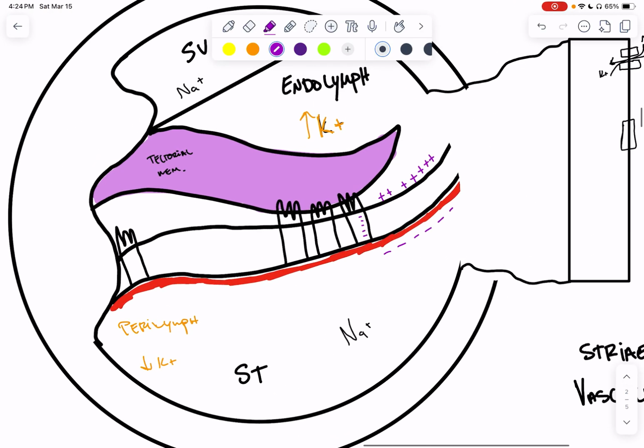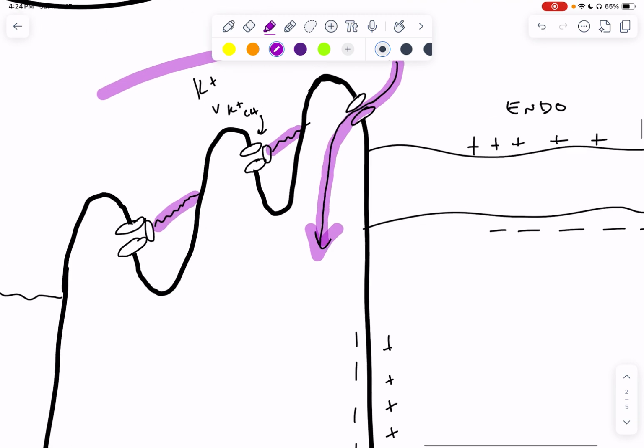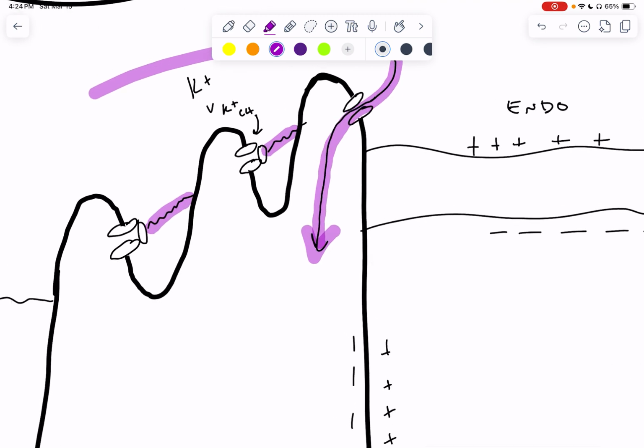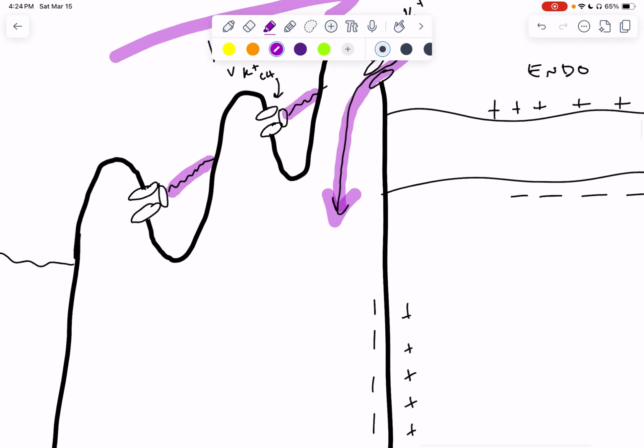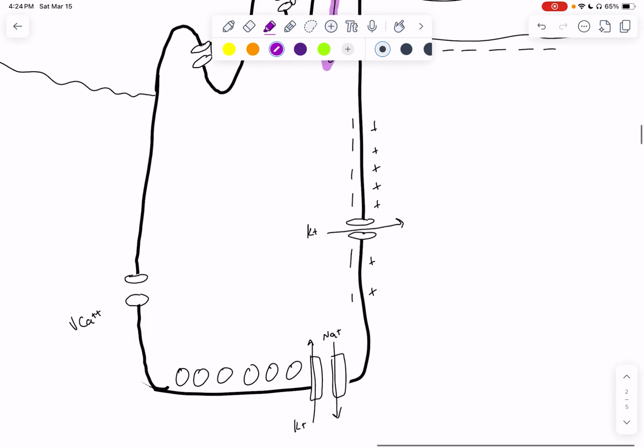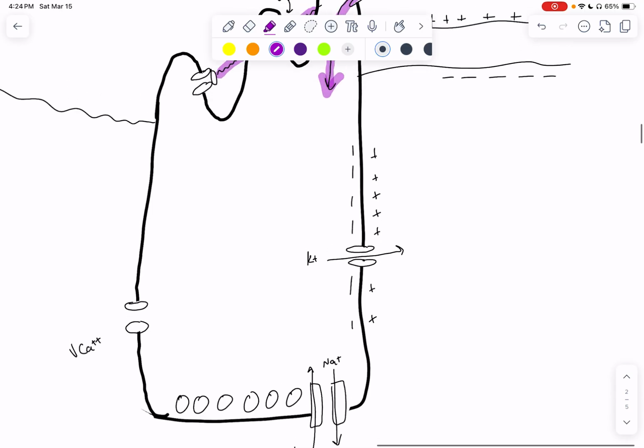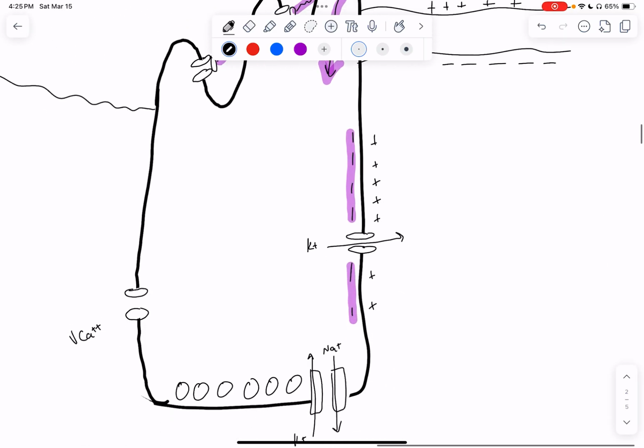As you can see here, the endolymph is very high in potassium. It is going to cause these channels to be opened, and the potassium is going to rush into the interior of the cell, completely altering all of these negatives over here. Because as we know, the concentration on the inside is slightly negative as far as the perilymph to endolymph goes.